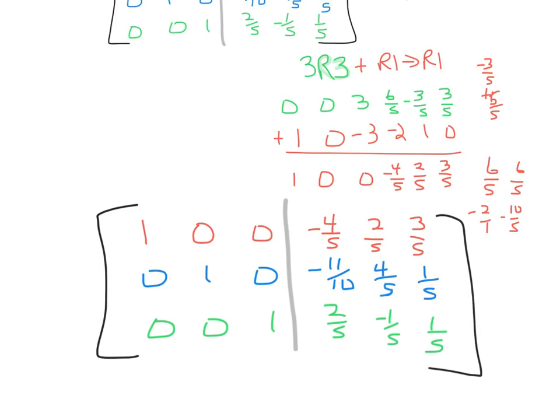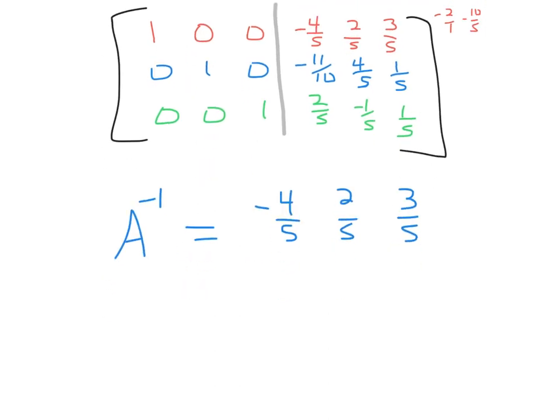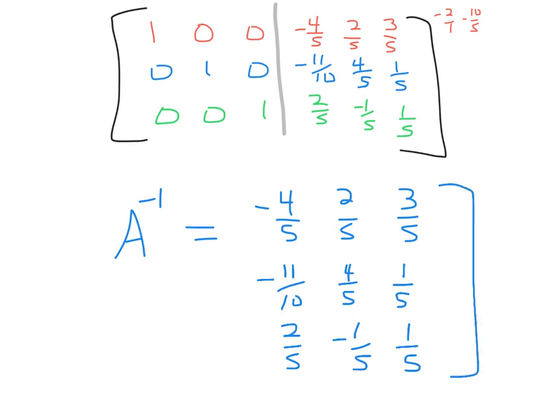I now have the identity matrix on the left, and my inverse matrix is on the right. So A to the -1, or the inverse of A, is equal to -4/5, 2/5, 3/5, -11/10, 4/5, 1/5, 2/5, -1/5, 1/5, enclosed in the brackets. And that is how you find the inverse of a matrix.